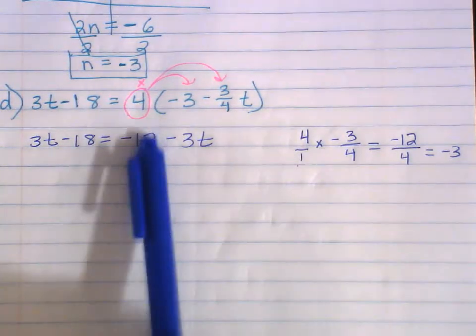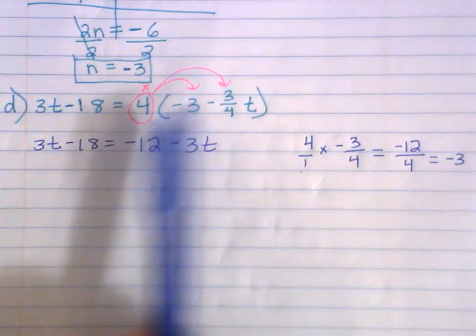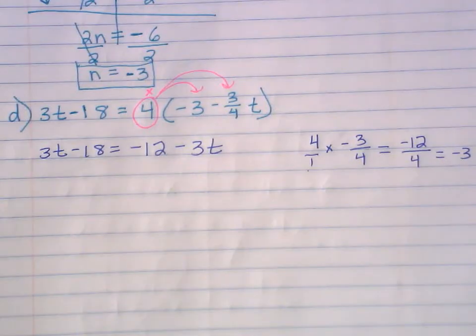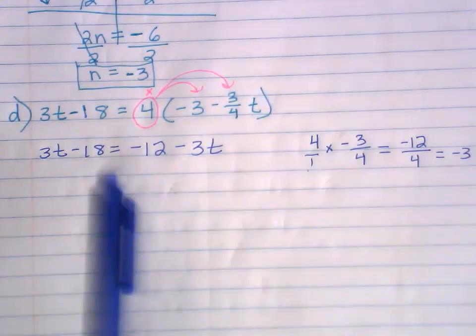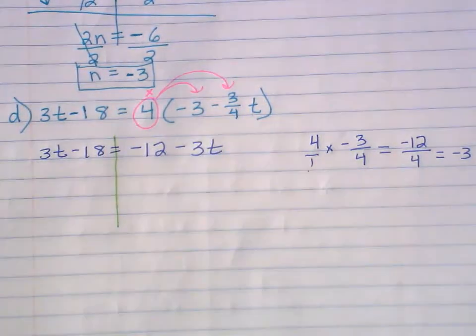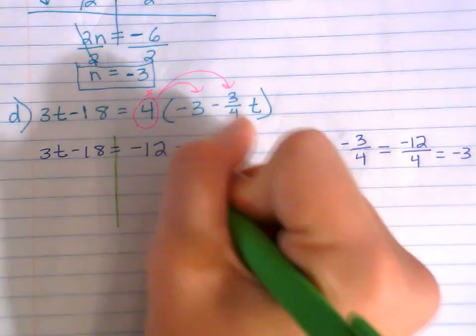So once you properly distribute and get rid of the parentheses, then, I don't know why I keep burping, I'm sorry. Then it's, do you know how to combine like terms? Do you know how to get the variables on one side, get the whole numbers on the other? So we have our 3t and negative 3t.